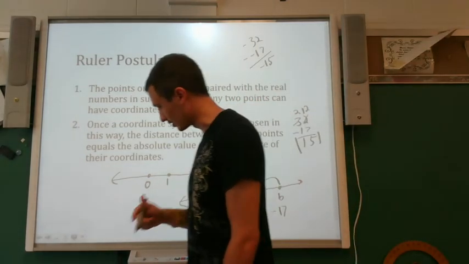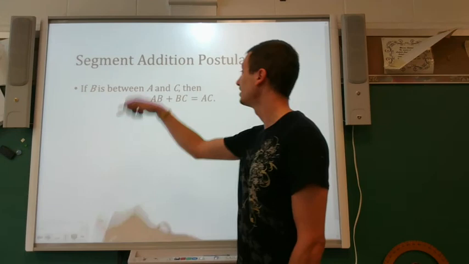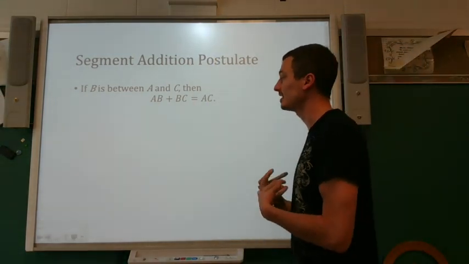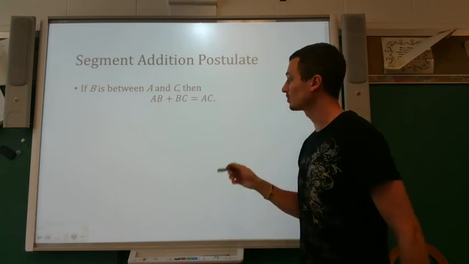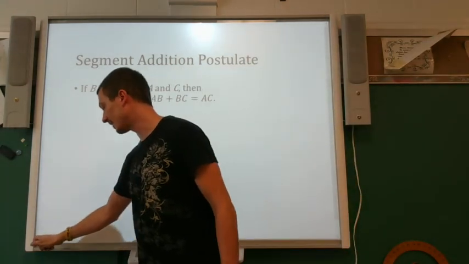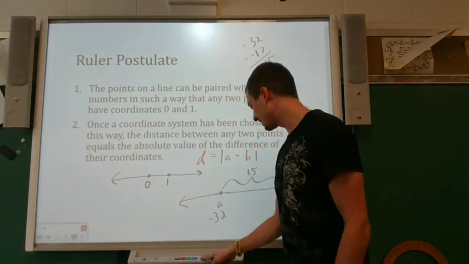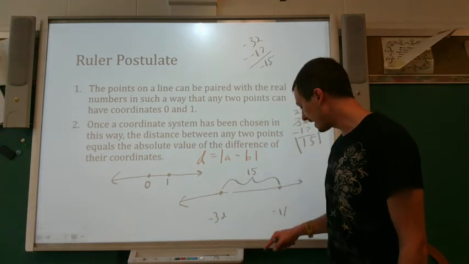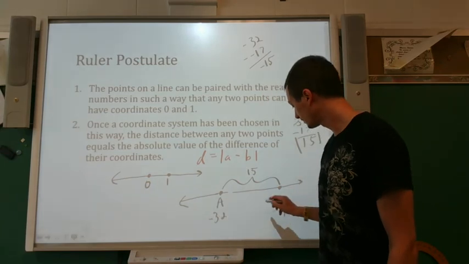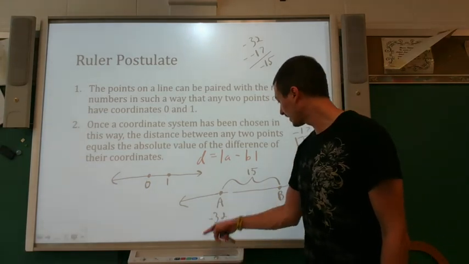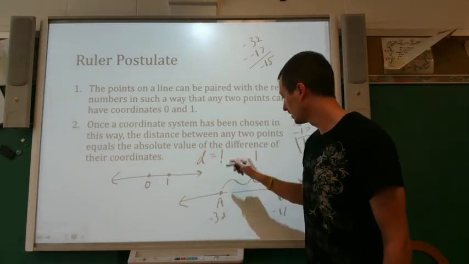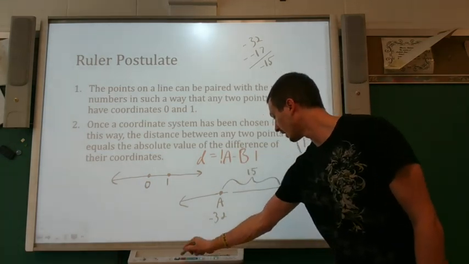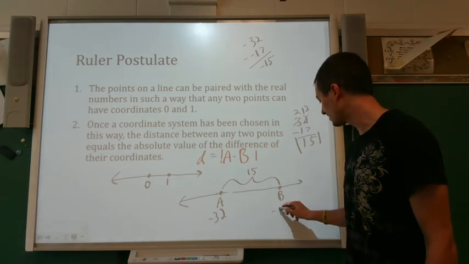Yes, that is good. And the segment addition postulate says if B is between A and C, then AB plus BC equals AC. Something I did not say, I forgot to mention. So let's say this is points, these should be capitalized. Let's say that's point A and B, and this should be capital A minus capital B. This was 32, this was 17.